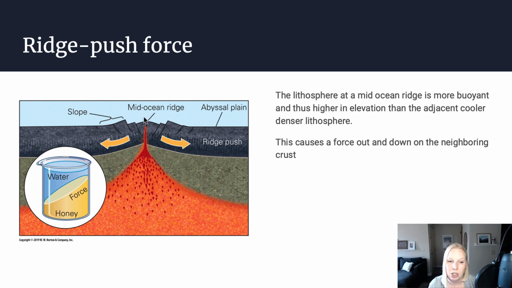So these high regions are putting a force downward into the side on the neighboring crust. The illustrator here has tried to show that if you were to put honey in a beaker, that honey naturally wants to flow away, down and away, because of the force of gravity. So that's what's happening here at these mid-ocean ridges, what we call ridge push force. So it's kind of pushing the crust away from the center.